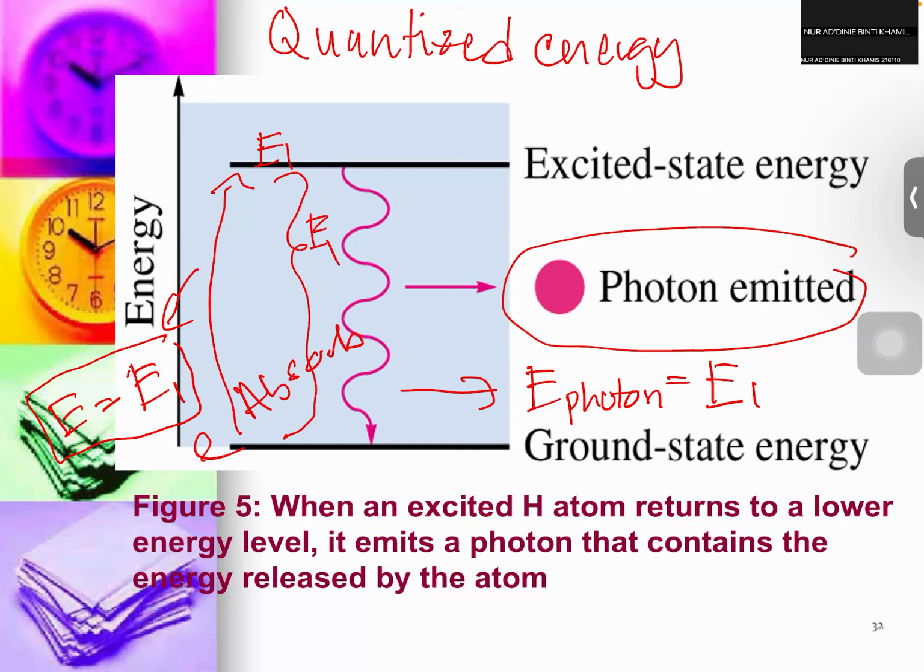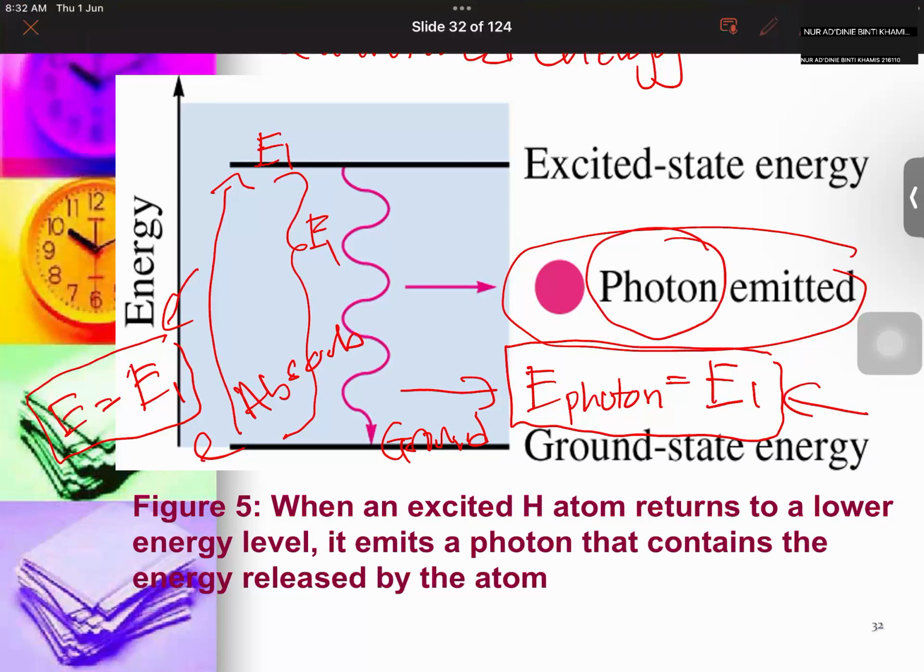And if it relaxes to the ground level orbital, it will also emit the same value of energy, called a photon. A photon is actually a bucket of energy with the same value. So that is quantized, quantization of energy. You cannot force the electron. Let's say we have n equal to 2. This is n equal to 1.